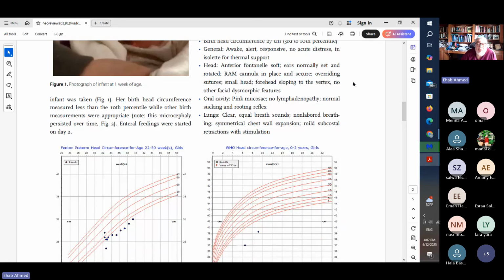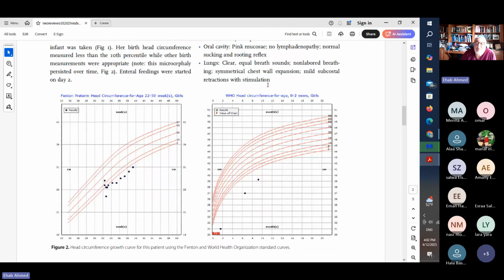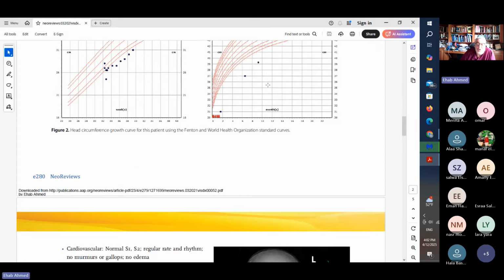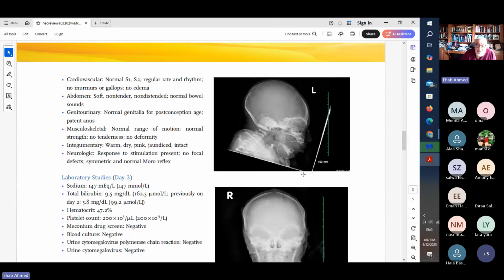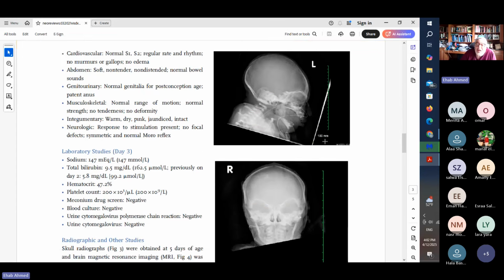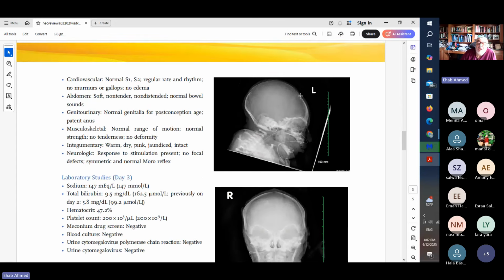I don't know why. Oral cavity is okay. Lungs are clear. The baby is asymptomatic. So this is the X-ray, which didn't show any abnormalities except the microcephaly, no calcification, no other problems.